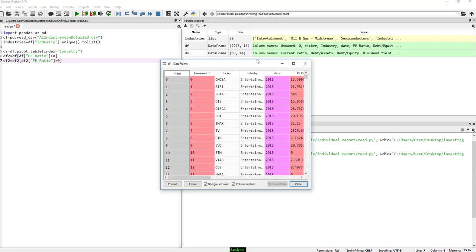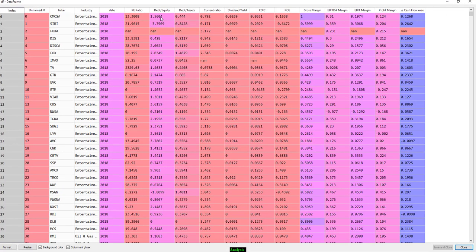So I want everything with a debt to equity ratio of greater than 1 or greater than 0.